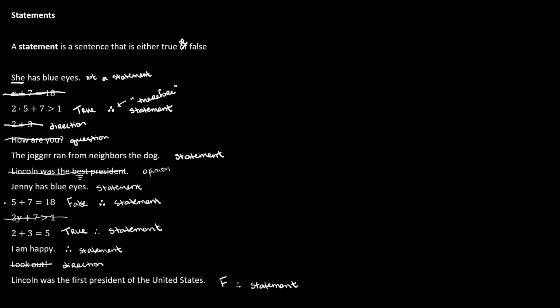Questions can't be true or false. Or is it an opinion? Hey, that's an opinion. I don't want to be the judge of whether or not that is a pretty color or it is not a pretty color. Those are opinions. So statements have to be true all the time, or they have to be false all the time. They can't be in limbo.